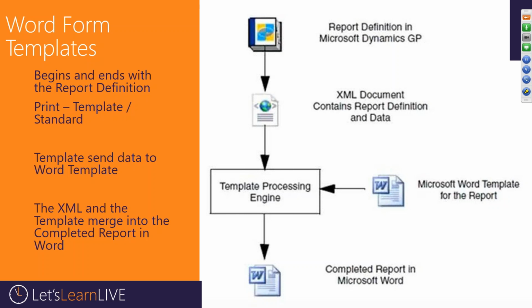And so the report writer goes into XML, and then the template engine that's actually built into GP interprets that, and it grabs the Word template, and it takes the data that would actually go on the GP report writer report, and through XML it moves that into the Word template, and then it actually presents the document in Word.